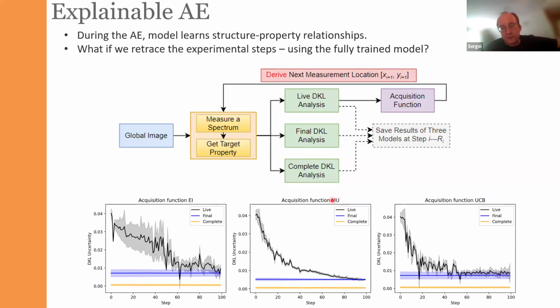So let's start from the maximum uncertainty, because this is the simplest one to understand. So look what happens in this case. First of all, our black curve starts to fall down fairly rapidly, and then it gradually saturates. It's not super fast, but reasonably fast.